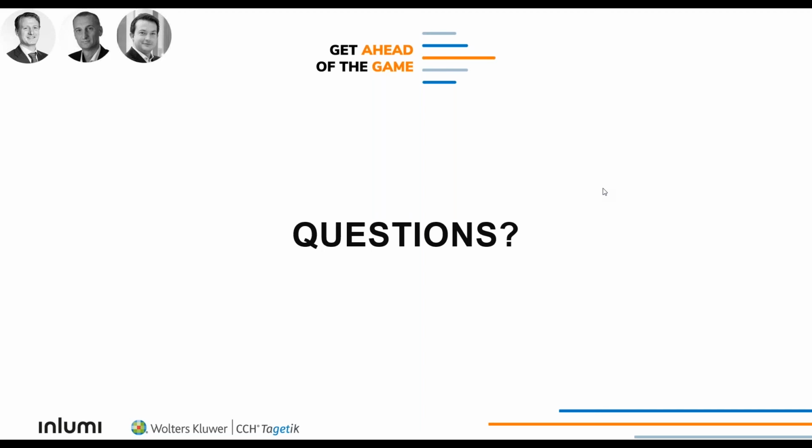Let me see. The first question is about getting data into the Analytical Information Hub. What are the possibilities to get data in? So what Paul showed you is that it's possible to do manual data entry to get numbers into the Analytical Information Hub, mainly for planning processes to support that.